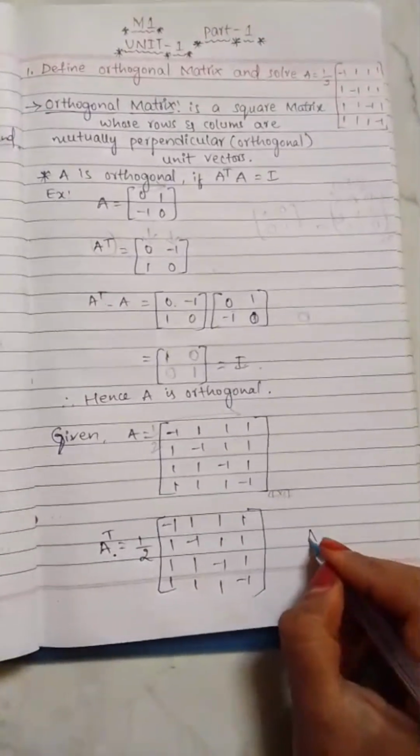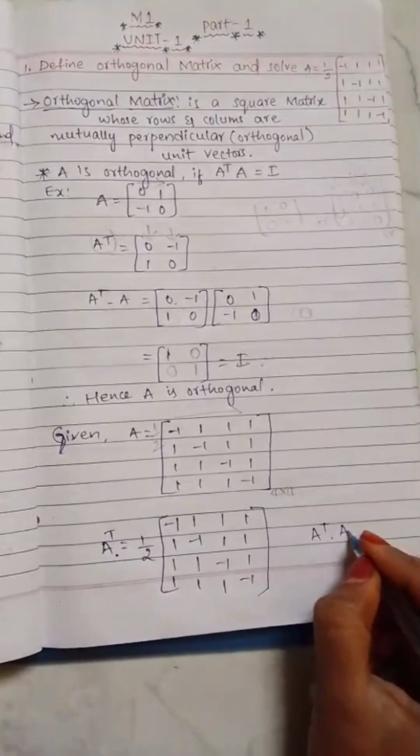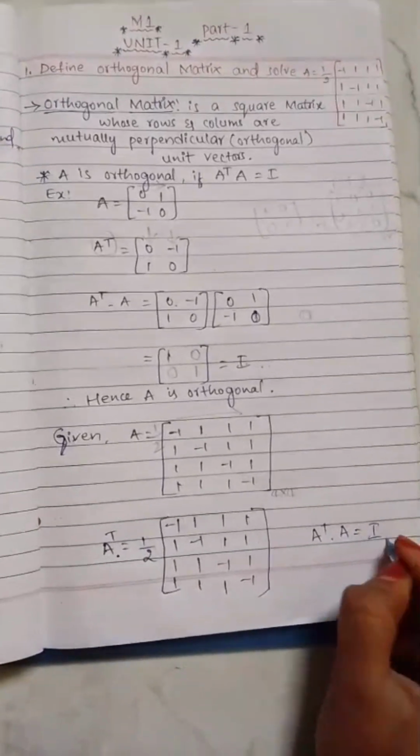The next step is A transpose into A, which should be I. Let us do that.